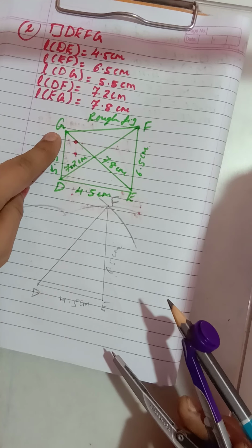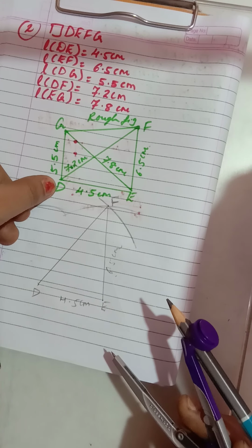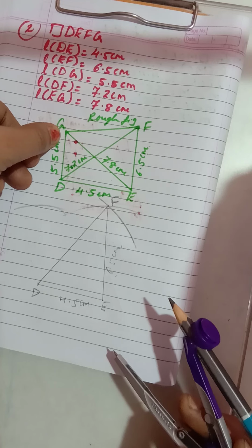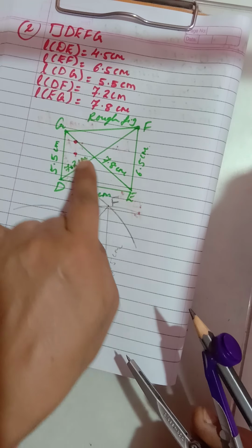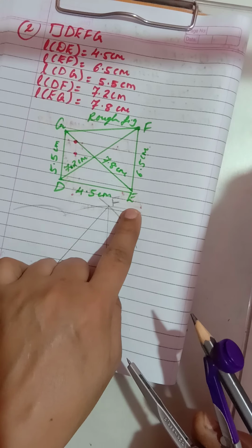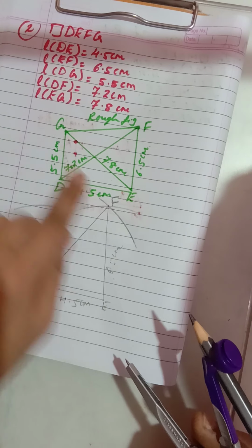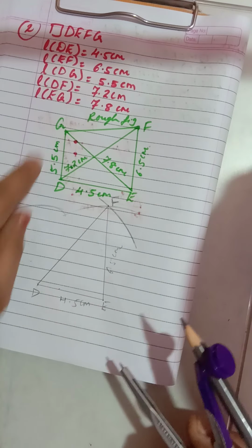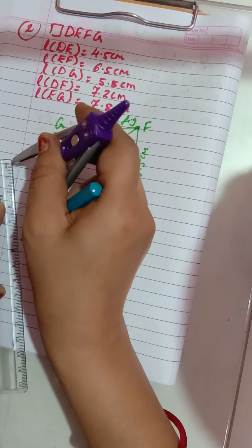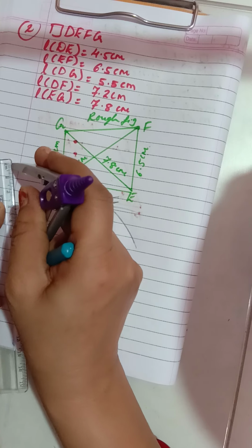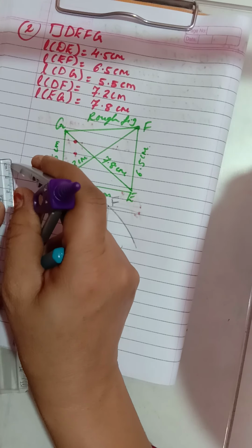Now see children, this point G from D was 5.5 centimeter, but from E it is at what distance? 7.8 centimeter. So open the compass to 7.8 centimeter.